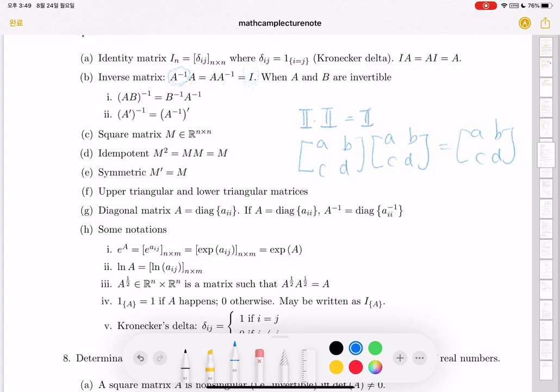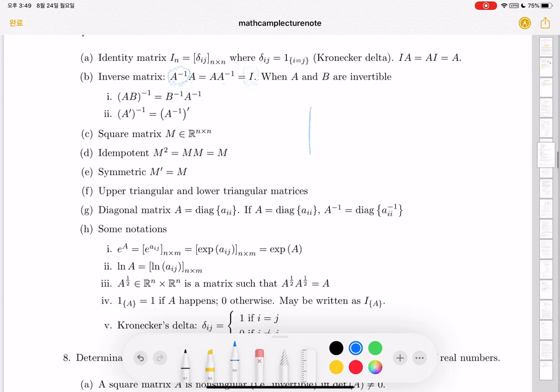A symmetric matrix is a matrix whose transpose is itself, so M prime equals M. An upper or lower triangular matrix is a matrix whose entries above or below the diagonal are 0. So here, if a matrix is 1, 0, 0, 1, 2, 0, 3, 4, 3, it's a lower triangular matrix.